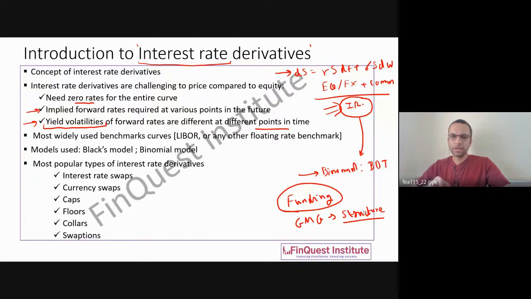When you say structuring of a derivative, that means they are trying to create a new product which they can sell to clients or to their counterparties, and that is something which will sit on your trading position or your trading book. So that way, structuring will also find a value addition if you have a good quality IR model. Scripting tools are also very useful from a rates modeling perspective.